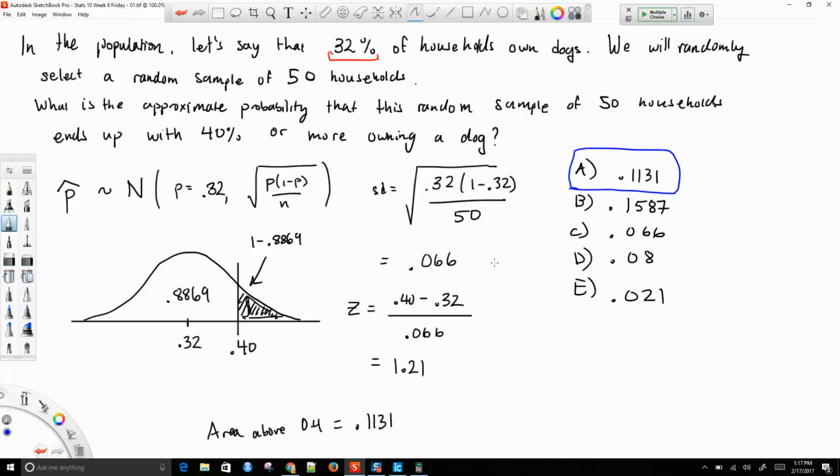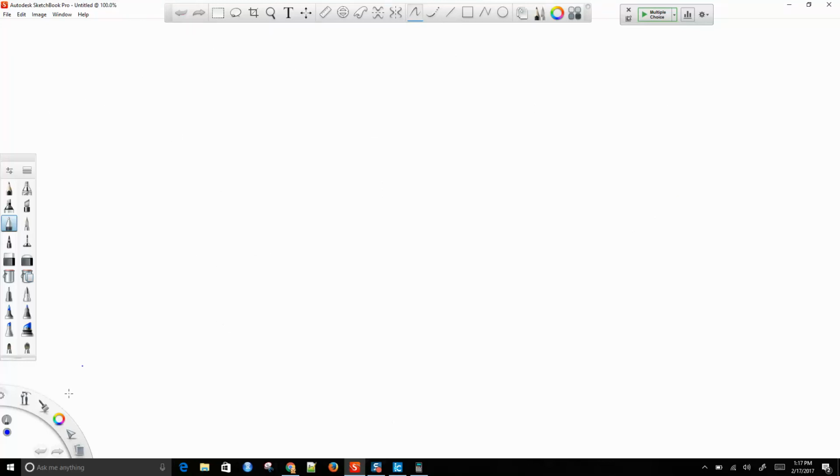Okay, I hope that's good. So this whole idea that the distribution of p-hat follows a normal distribution is based on a mathematical theorem called the central limit theorem. Okay?